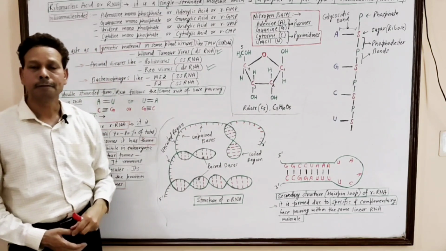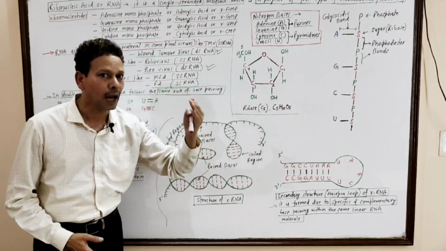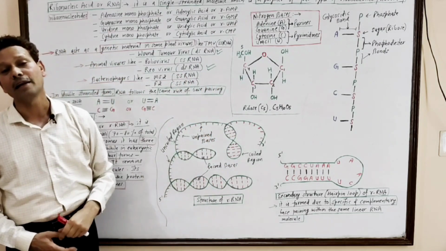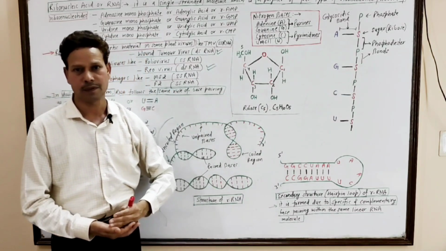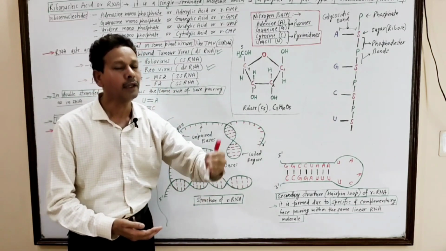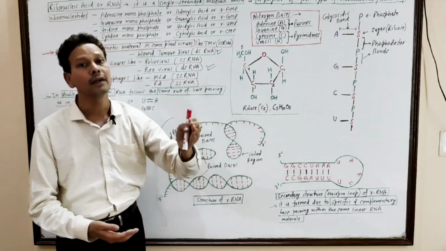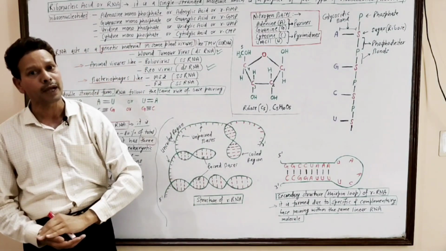Dear students, the next topic is RNA and its types. RNA has three types: ribosomal RNA, messenger RNA, and tRNA, that is transfer RNA.